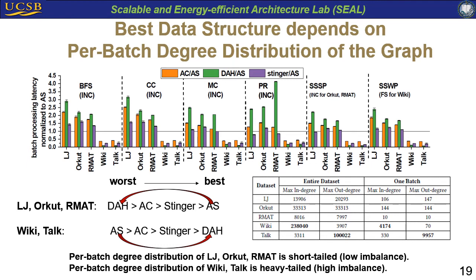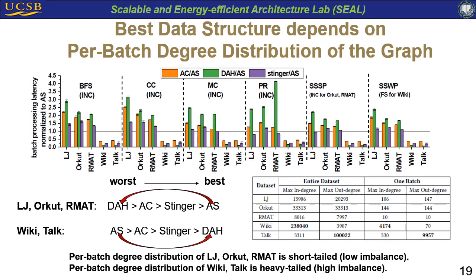For the experimental results on this slide, the x-axis shows the different data sets and algorithms, and the y-axis shows the batch processing latency of 3 different data structures normalized to the AS data structure. The most prominent pattern from these experimental results is the different relative performance benefits of different data structures for different categories of data sets.